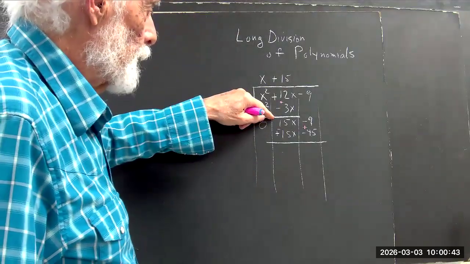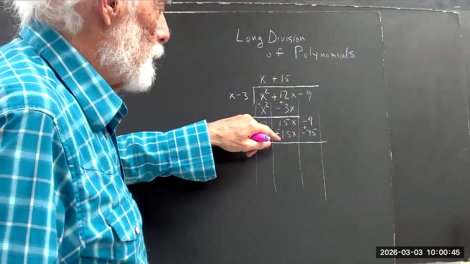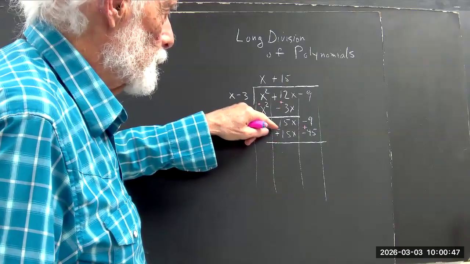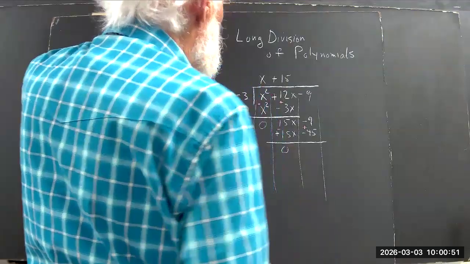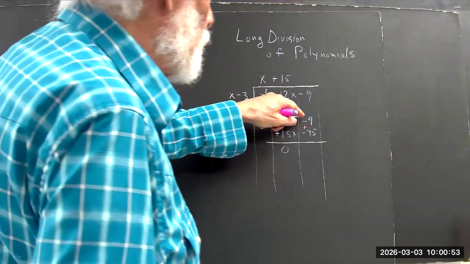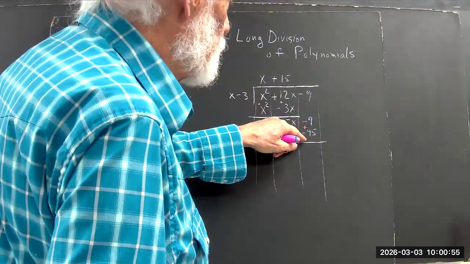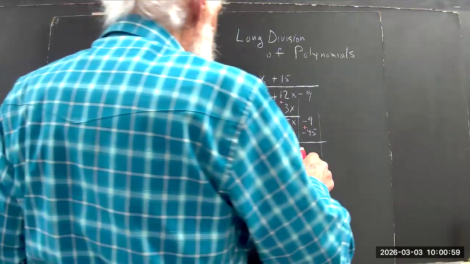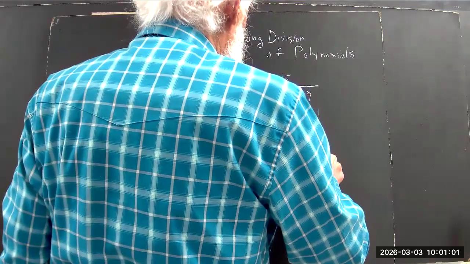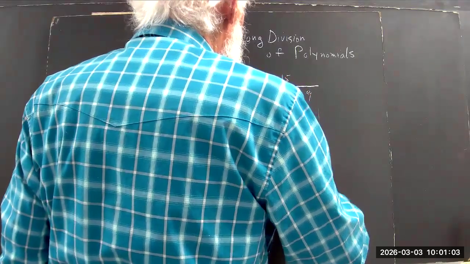I've got 15x then, and 15x below that, but I've got to subtract that 15x, so I'm going to have 0 left. And then I've got negative 9 minus negative 45, but that's negative 9 plus 45. I've written that little plus sign to remind myself. And I get negative 36.